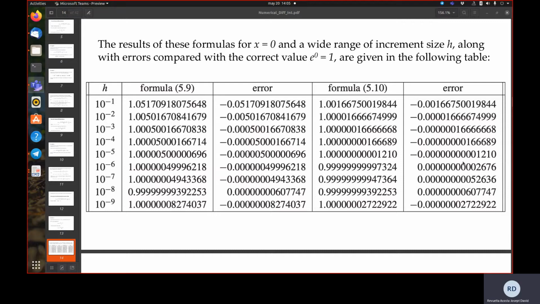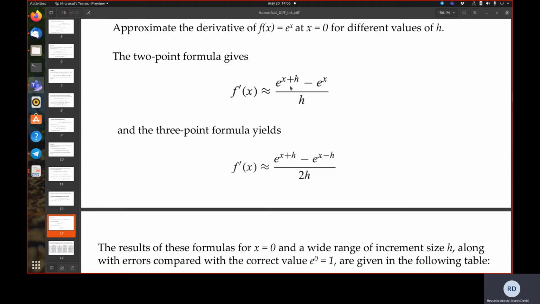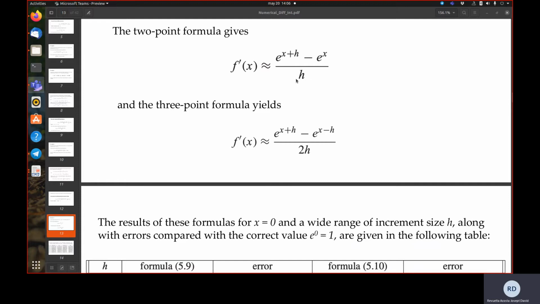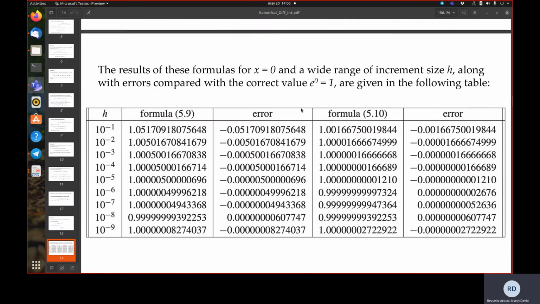The error increased when we reached 10 to the power minus 8, which is a problem we obtain when we decrease these numbers. Here we have the effect of subtracting very similar numbers, because the values are almost the same, and also the effect of dividing by a very small number. Those things cause some trouble in a computer.